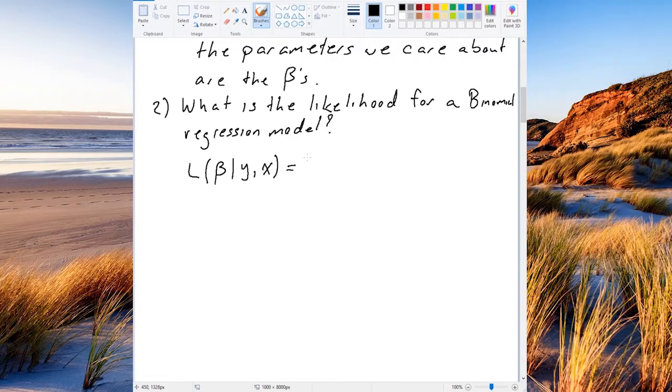So the joint distribution is just going to be the product of all of those independent binomials, from i equals 1 to n. And let me lose the equality, because remember, if we're being Bayesians, we usually only care about this up to proportionality.